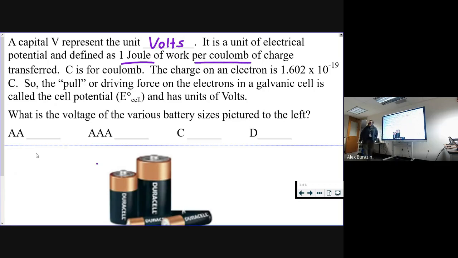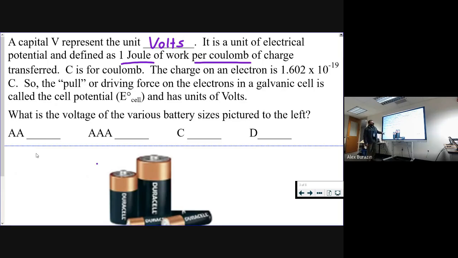Coulomb is the unit of charge. We'll talk about coulombs in just a little bit, tomorrow and the day after. But a volt is a joule per coulomb. Capital C is for coulomb. The charge of an electron is 1.602 times 10 to the negative 19 coulombs.